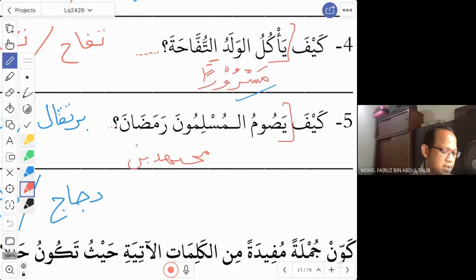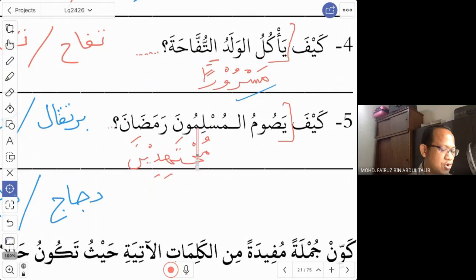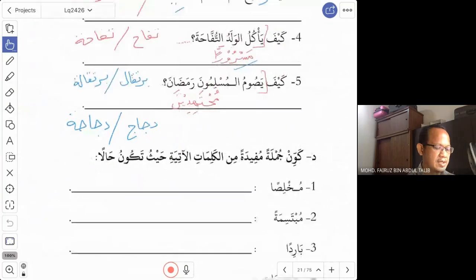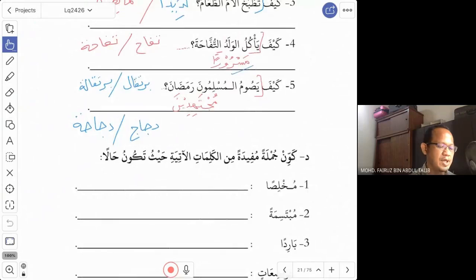Yes, sahih, mujtahidina. So let us check. Mujtahidin is jama', muslimun is jama'. Muzakkar, muzakkar. Good. And of course, since this is hal mansub, we use the ya version. Sahih. This is the fifth sentence.